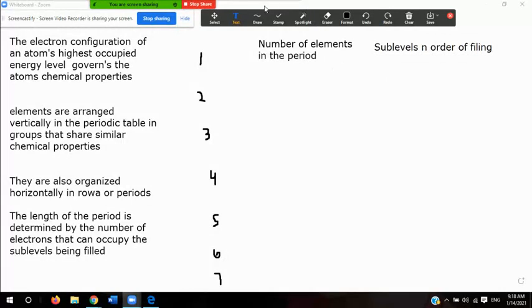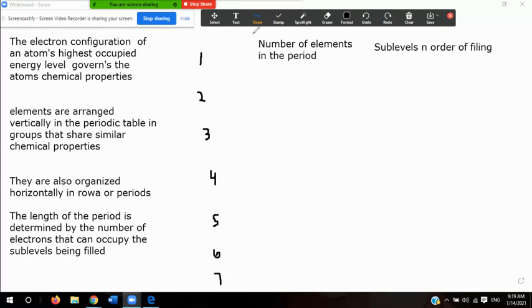So let's look at each one. So the number of elements in period 1, to be specific, if I look at the first period, the number of elements in period 1 are just 2.